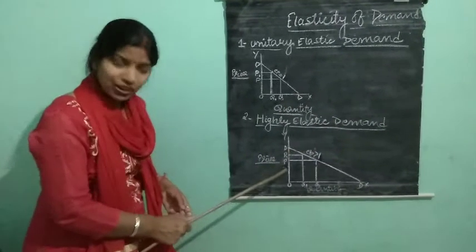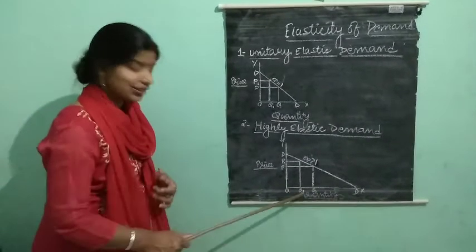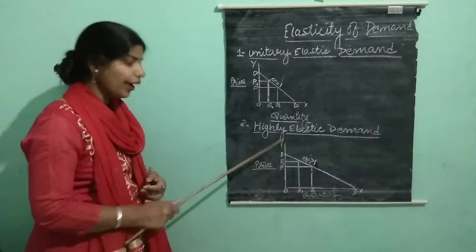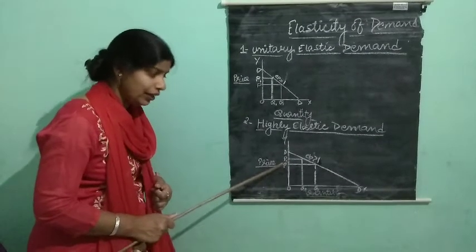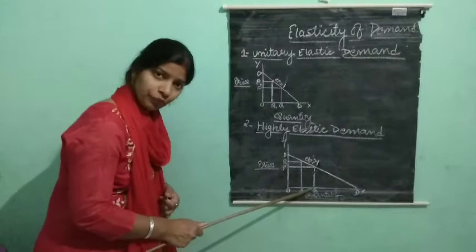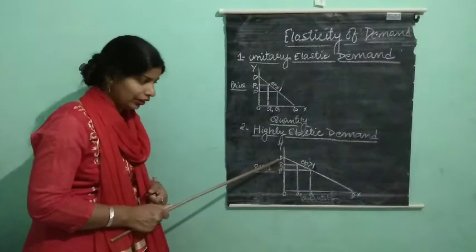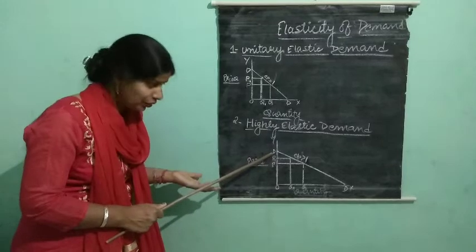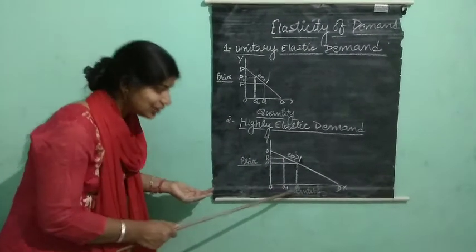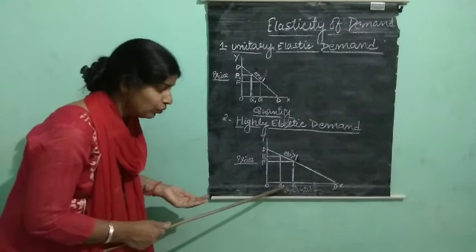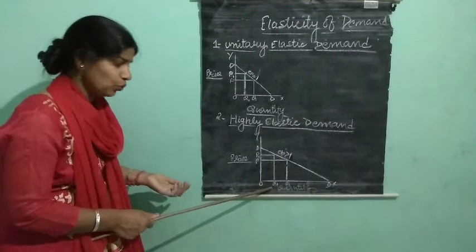Now with the help of this curve we can understand it easily. On the x-axis it is showing quantity and on the y-axis it is showing price. When price is OP, the demand is OQ. If price rises from OP to PP1, let's suppose 10%, then quantity demand will fall from OQ to QQ1.